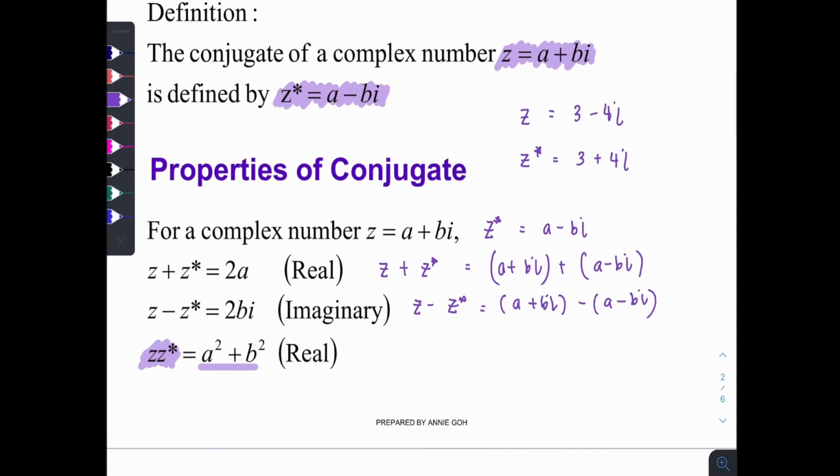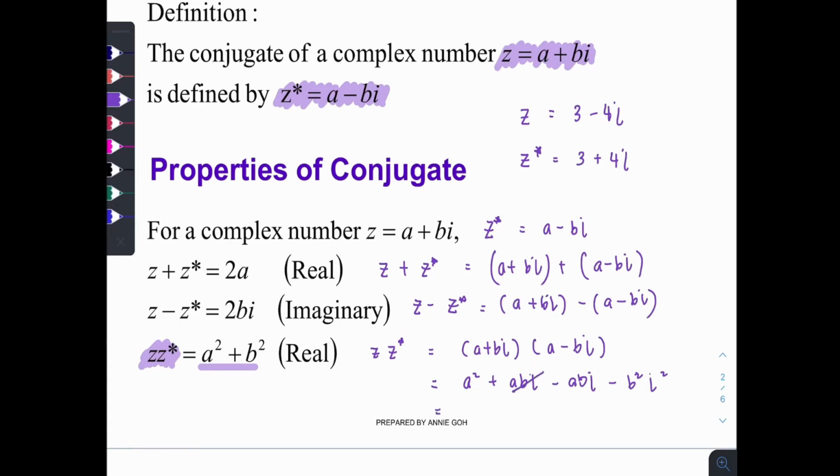When z is multiplied with z conjugate, it's a plus bi multiplied with a minus bi. So we can just expand it as usual. We'll have a squared plus abi minus abi and minus b squared i squared.